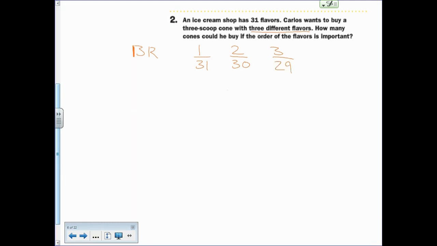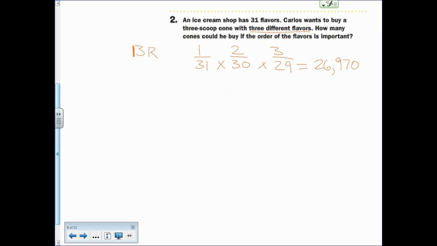So in order to figure out how many different permutations he can make where order matters in the ice cream flavors, we would have to multiply 31 times 30 times 29, and we would find out he actually has 26,970 possible combinations of ice cream cones that he can make if the order that the ice cream comes in on the cone is important.